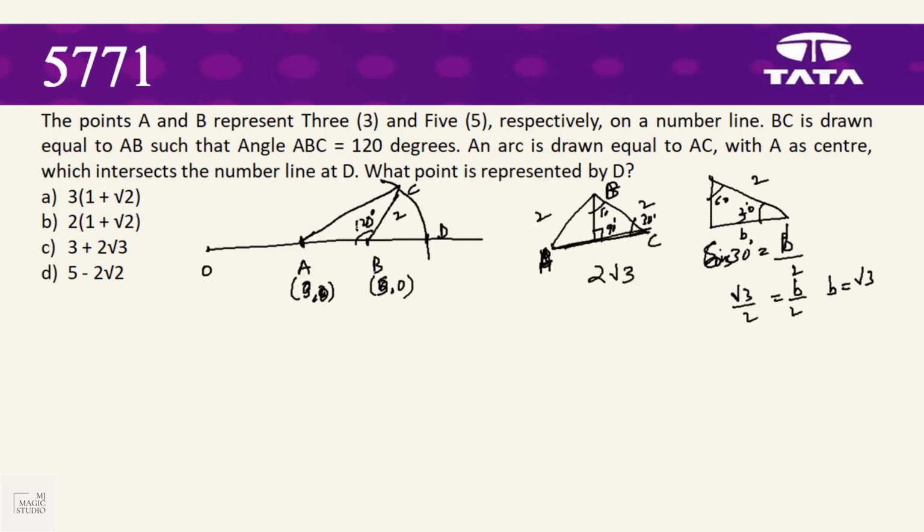That means the entire length AC is equal to 2 root 3. So AD is 2 root 3. They are asking what is the point represented by D. The point represented by D would be the length OA, that is 3, plus AD, that is 2 root 3. So the x coordinate of point D would be 3 plus 2 root 3. That is in option C.